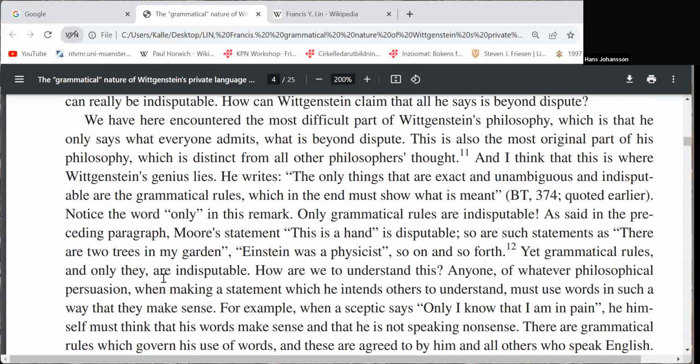This is also the most original part of his philosophy, which is distinct from all other philosophers' thought. And I think that this is where Wittgenstein's genius lies.